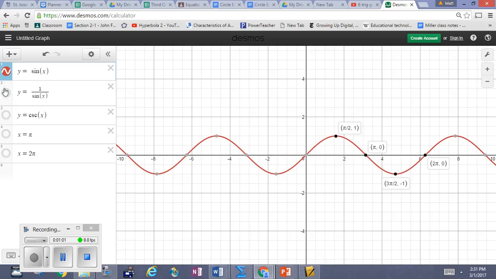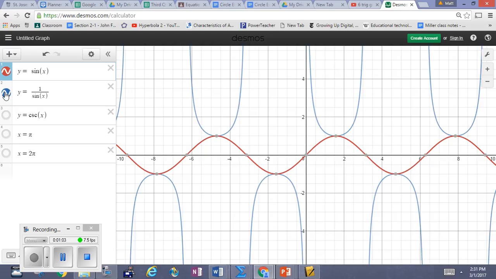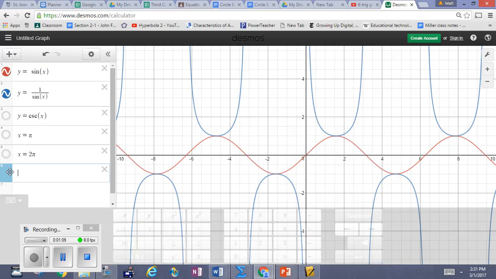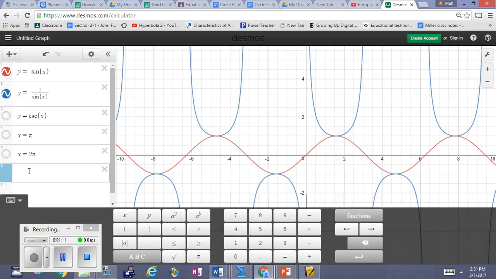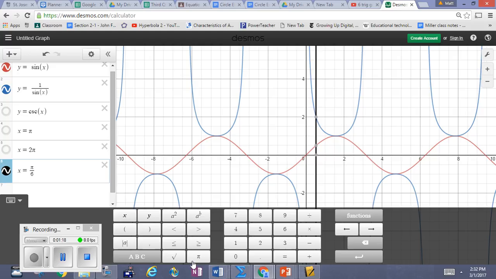So if I graph the reciprocals, there's my graph. And in graphing the reciprocals, if I put in x equals pi divided by 6, right there on the sine graph is 0.5.